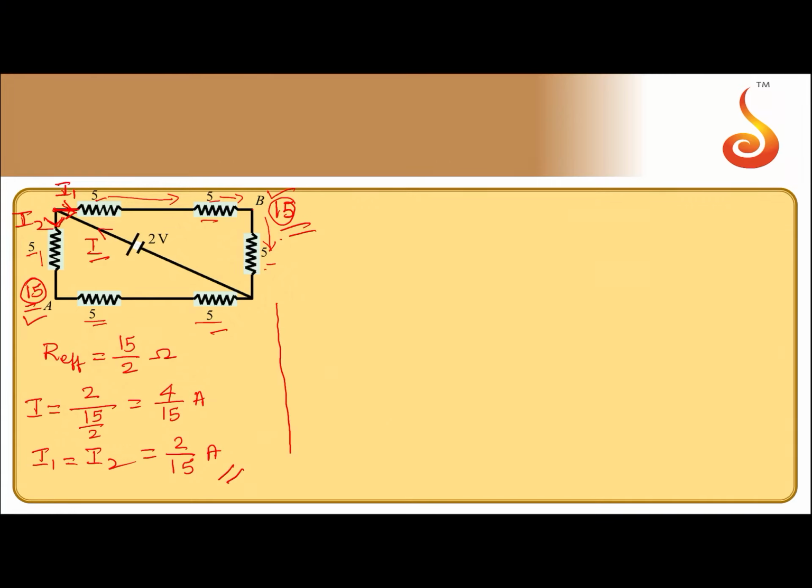Now our intention is to find the potential difference between these 2 points A and B. So I'll just redraw this circuit. I'll start with the battery, 2 volt battery. Then from the positive of the battery, I will reach this particular point.